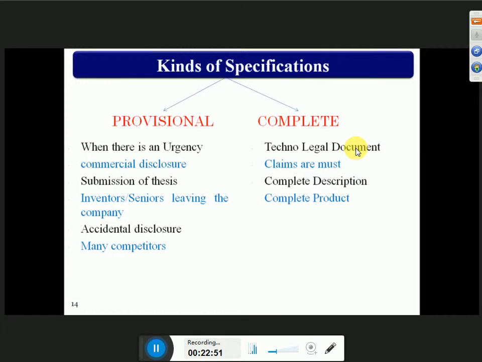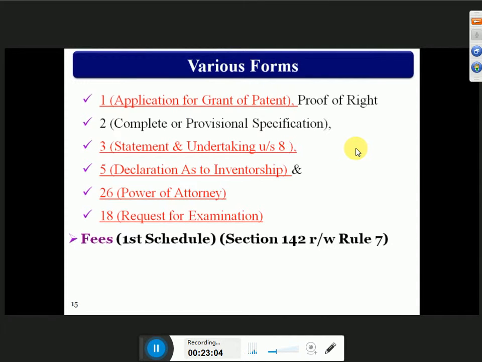So the Patent Office says that you must give each and every little, minute thing that you have included in your product, and it makes sure that it is not disclosed other than by the Patent Office India. So these are the various forms that need to be filed whenever you file a patent.